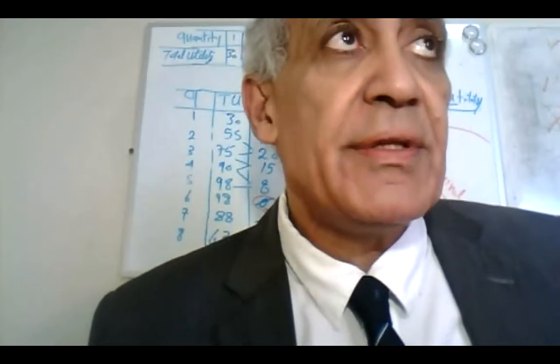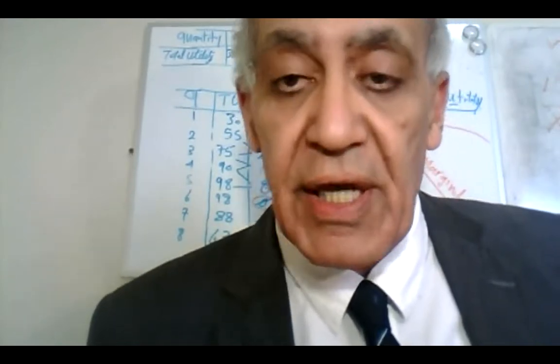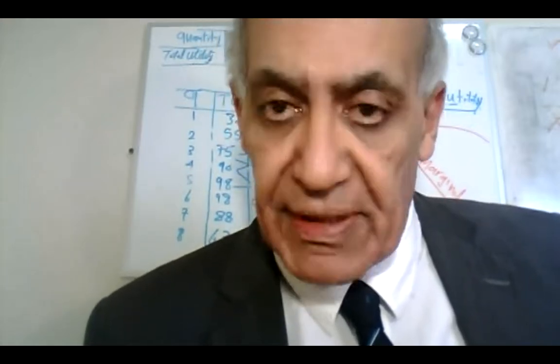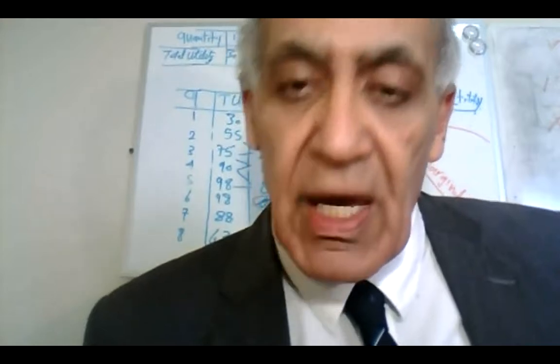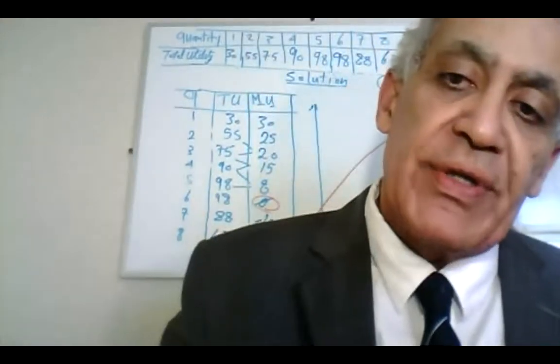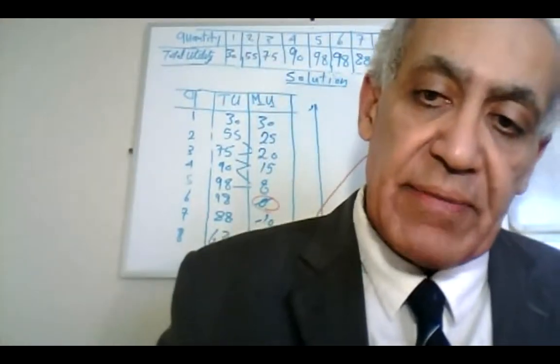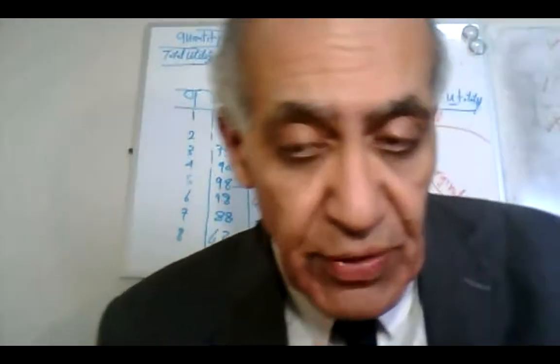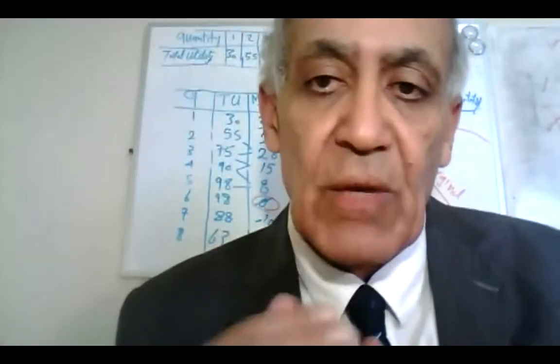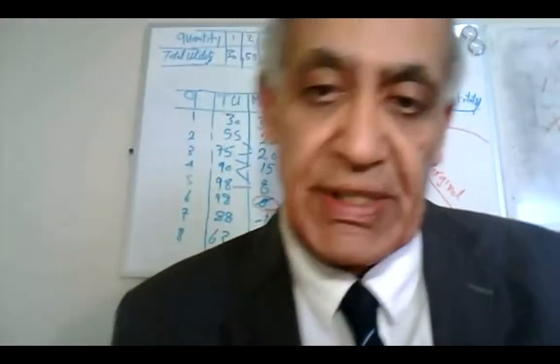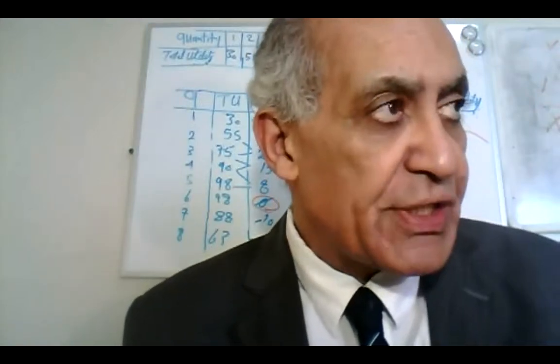But the marginal utility is the change in the total utility due to consuming one extra unit. We see this effect on the total utility by consuming one more unit. Those were the subjects we talked about in the last two lectures.